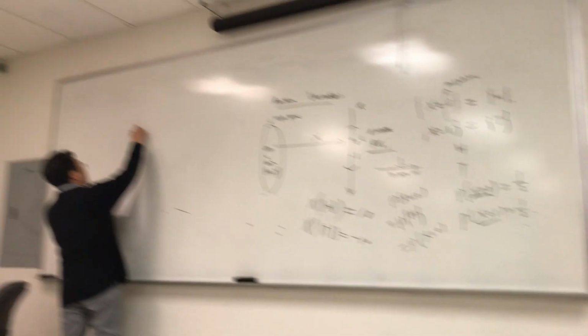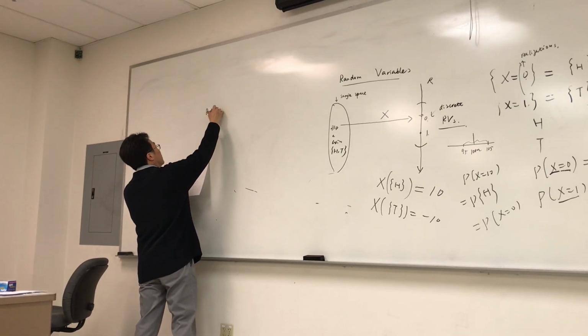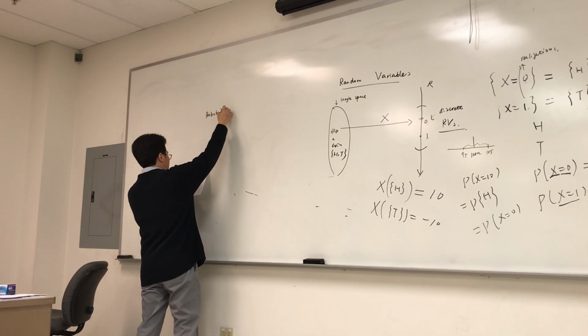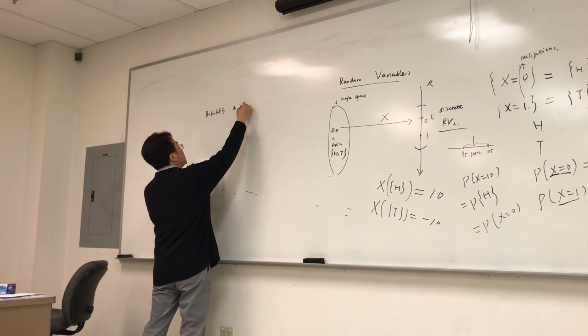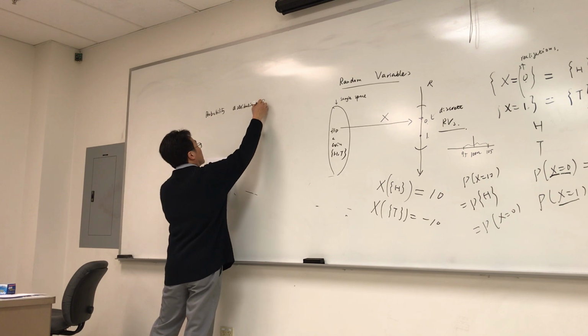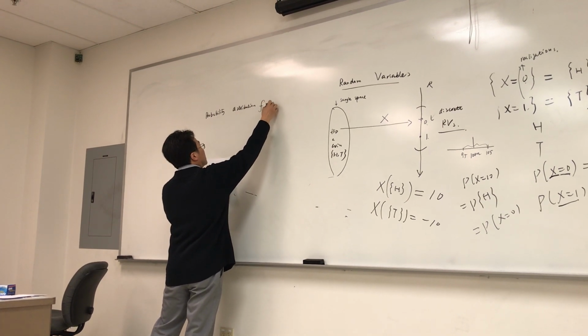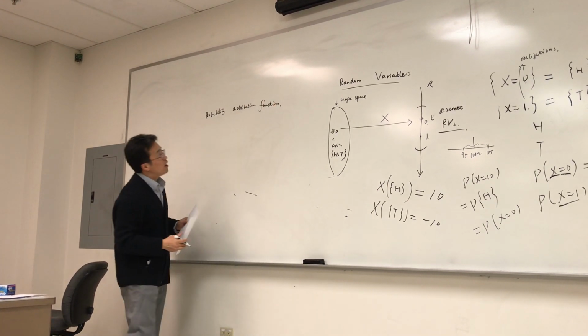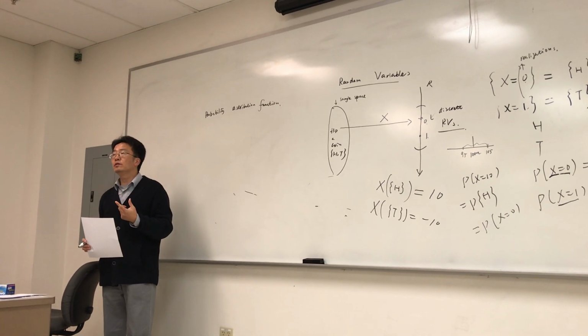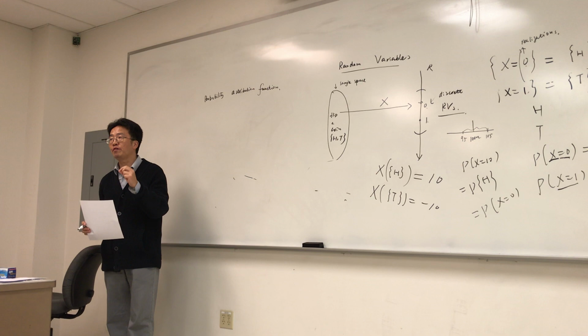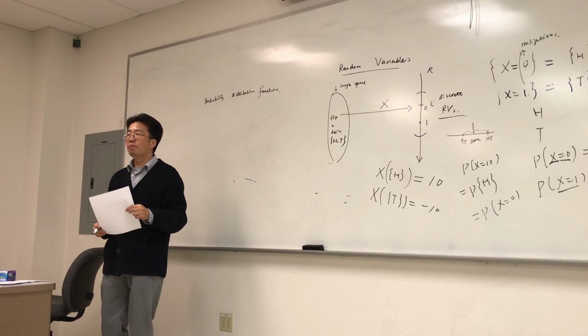So we give a definition first. What is the probability distribution function? This function actually represents the probability of a specific event.